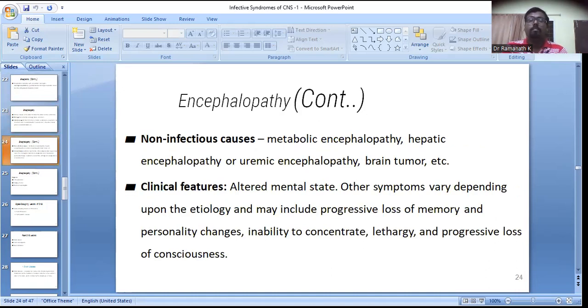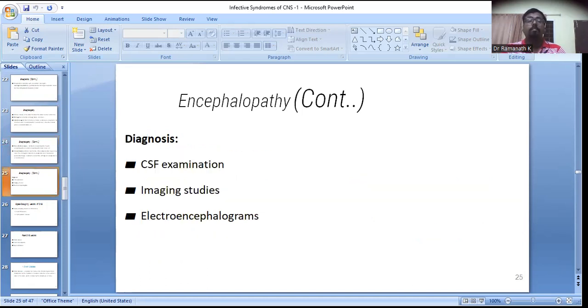Non-infectious causes include metabolic encephalopathy, hepatic encephalopathy, uremic encephalopathy, and brain tumor, etc. Here, altered mental status, loss of memory, personality changes, inability to concentrate, lethargy, and progressive loss of consciousness are also seen in encephalopathy conditions.